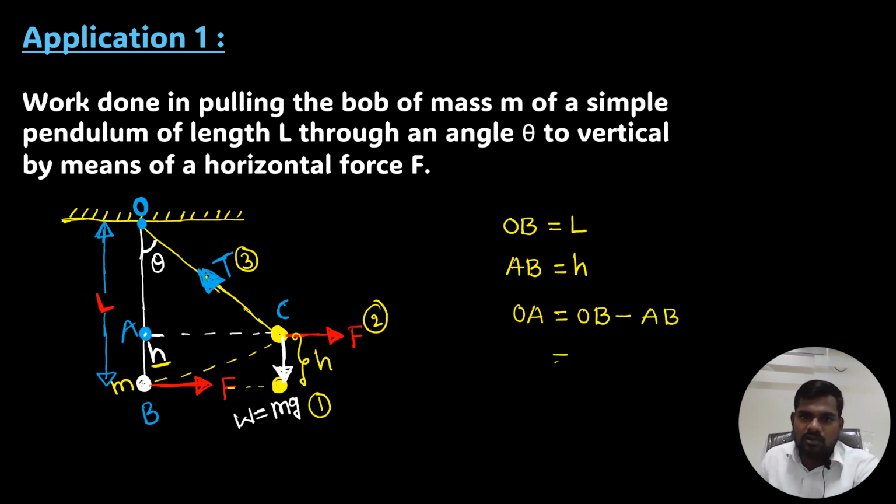OB is the total length L here, and the AB distance is H. So OA, which I call X in this case, is equal to L minus H. Please consider this one.